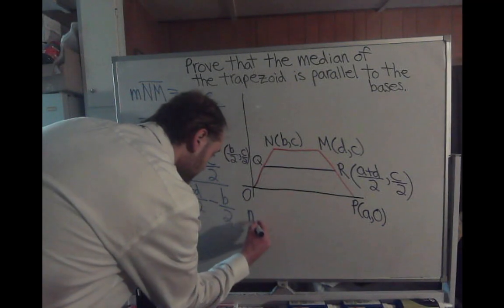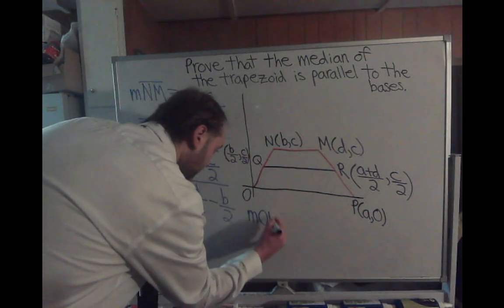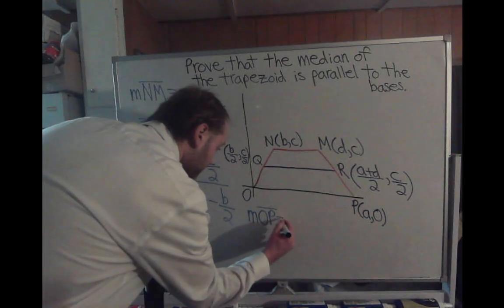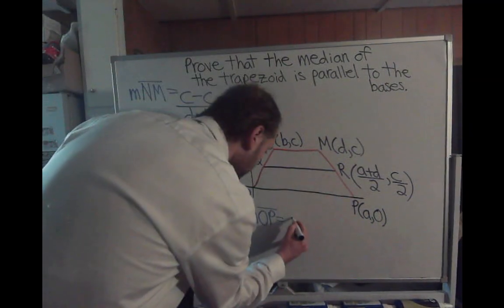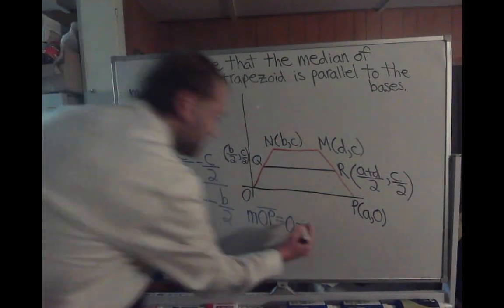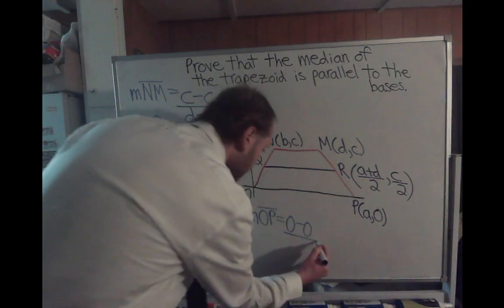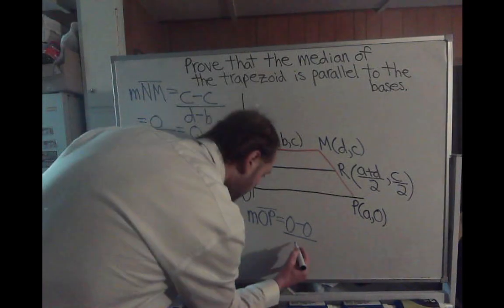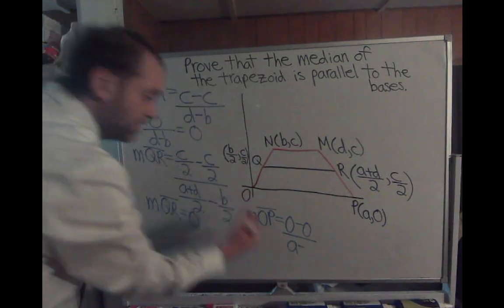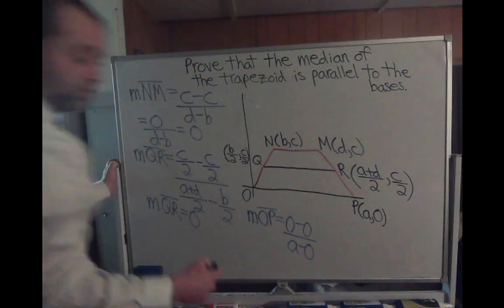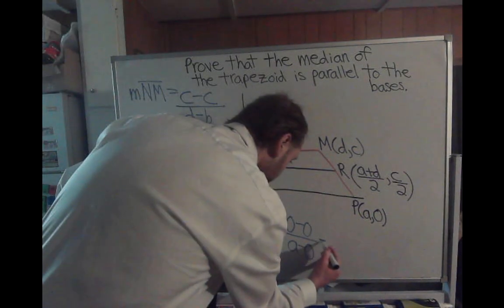So the slope of OP would equal, of course, your y2 of 0 minus your y1 of 0 all over your x2 of A minus your x1 of 0. Well, so you would end up with 0 over A, which would give you 0.